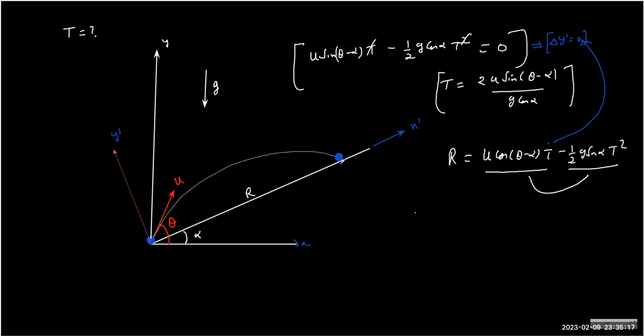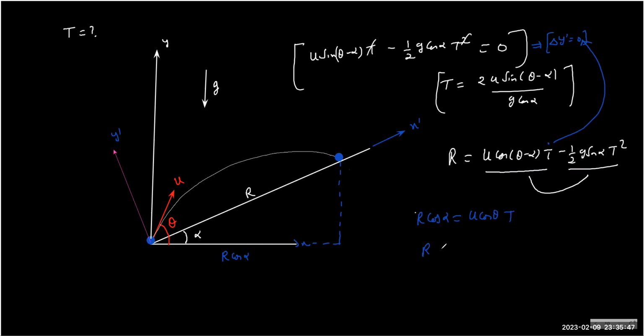Because instead of this R, generally we know that this is easy to determine. If this is R, what is the horizontal displacement here? R cos alpha. And we can write R cos alpha equals to how much? To get R cos alpha, I need to only know the horizontal velocity, which is u cos theta.